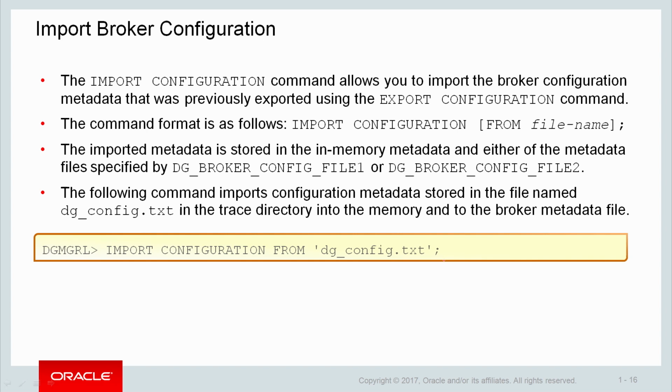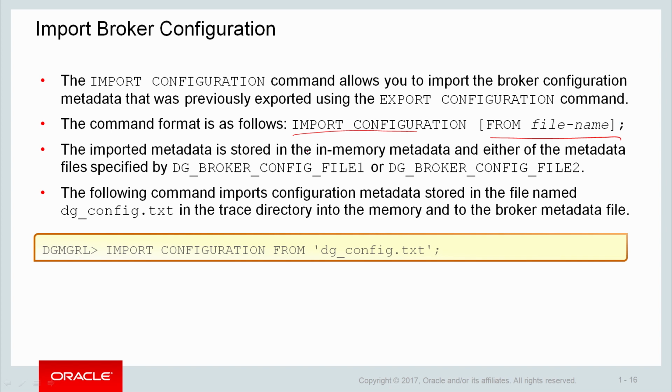So the import configuration command allows you to import the broker configuration metadata that was previously exported using the export configuration command. The command format is import configuration from the file name. You don't need to specify the directory because it will always be imported from the trace directory.